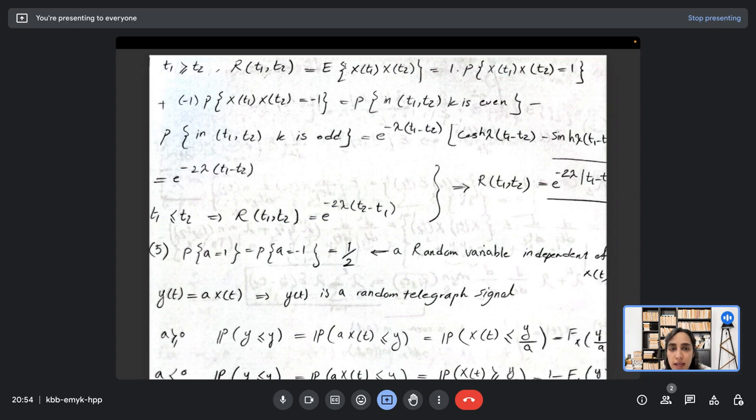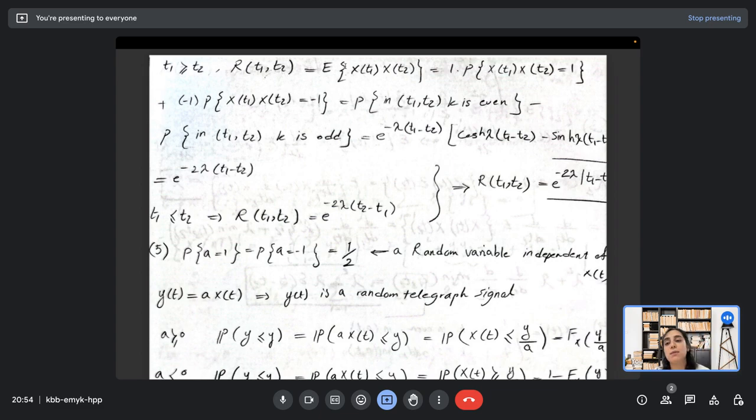So this is also equal to the probability that k is even in the time range of t1 and t2 minus the probability of k being odd in the range of t1 and t2. And we have all these probabilities, so we can substitute them and we will get to a result.